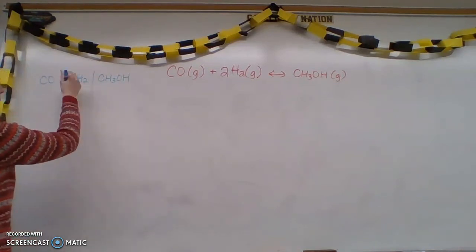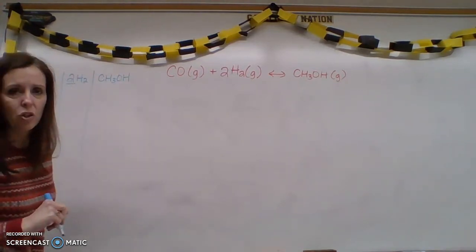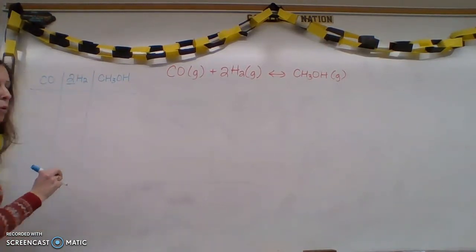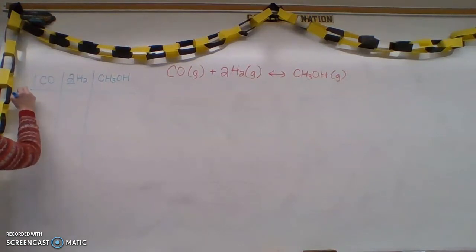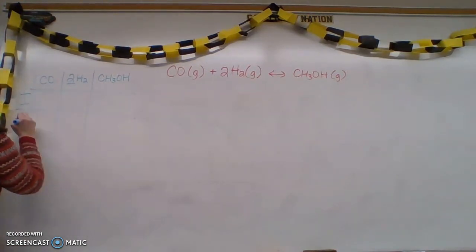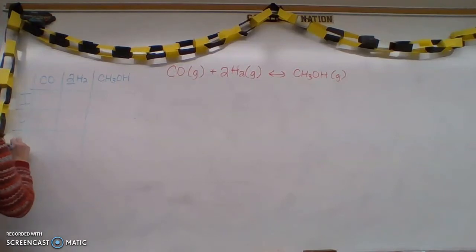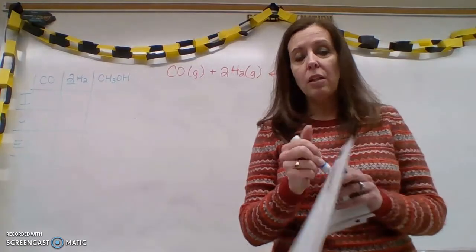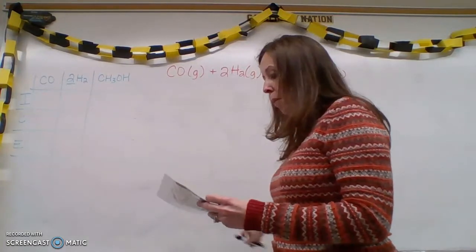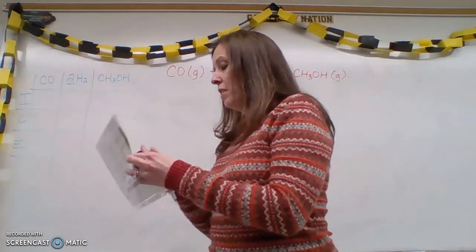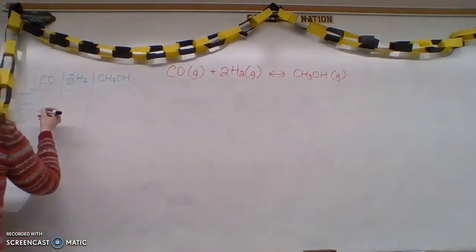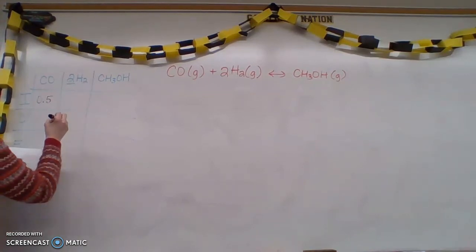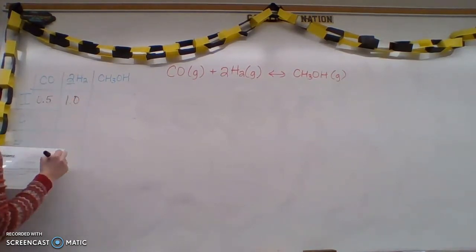Okay? And I put the numbers in the balanced equation there because they're going to be important. Then I write ICE. Initial, what's the change, and what's the equilibrium value, okay? And so I can read from my problem that the initial value of CO was 0.5, so I put it in. And the initial value of the hydrogen was 1, so I put it in.